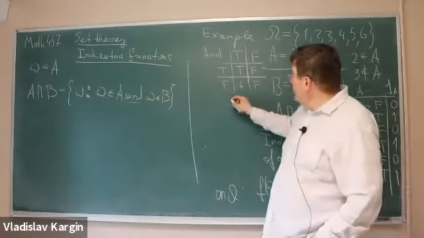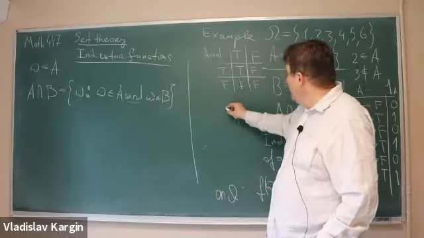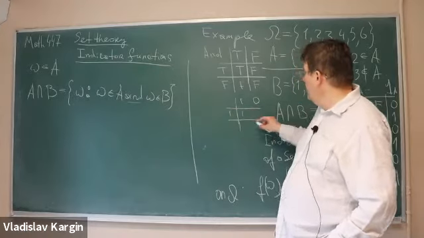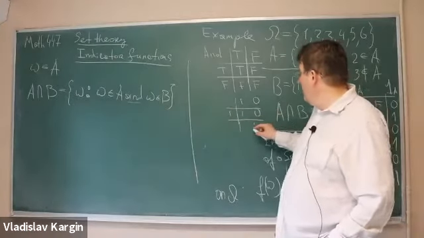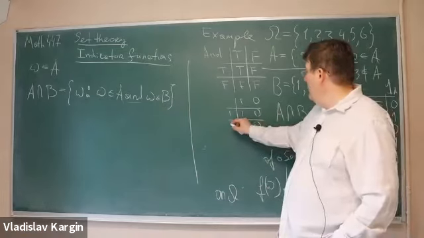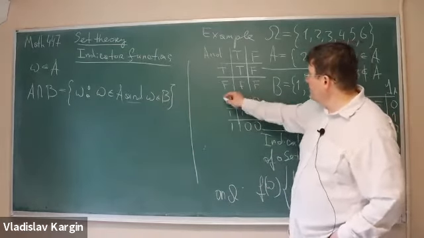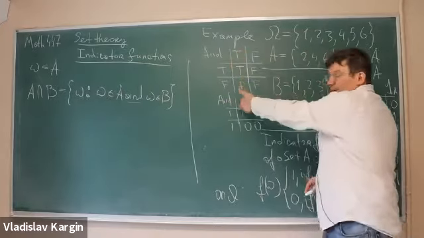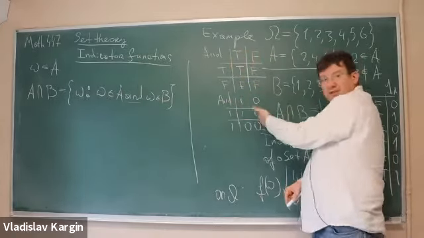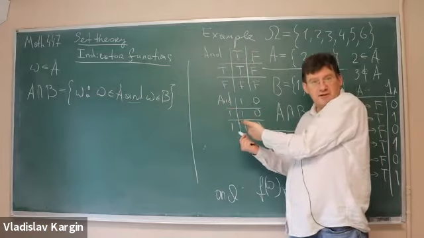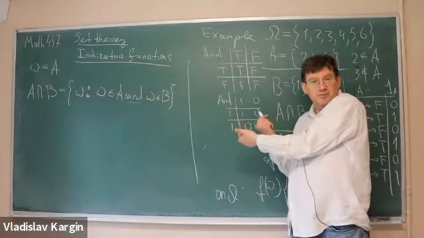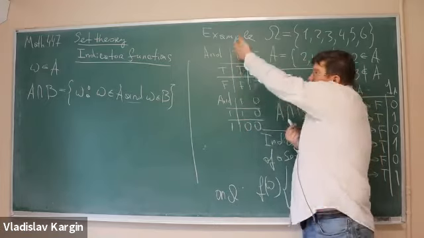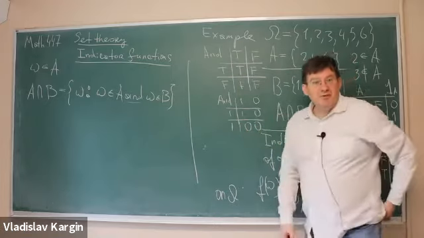So if you put zeros and ones here, this is how AND works if true is represented by 1 and false by 0. It's truly how it's represented in the computer, maybe with some modification, but true is represented by 1 and false by 0.